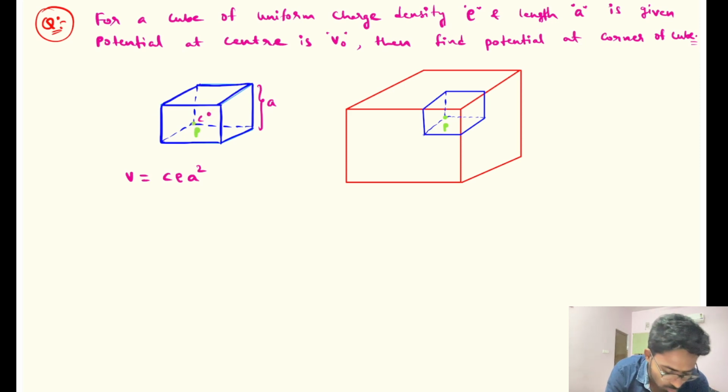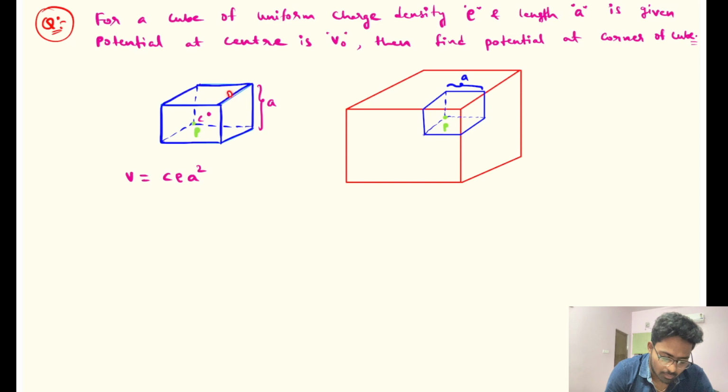So now what I am doing is constructing a cube of side length 2a, such that this cube of side length a will be one of the 8 cubes required to build a cube of side length 2a. Actually, to build a cube of side length 2a, we can use 8 cubes of side length a.